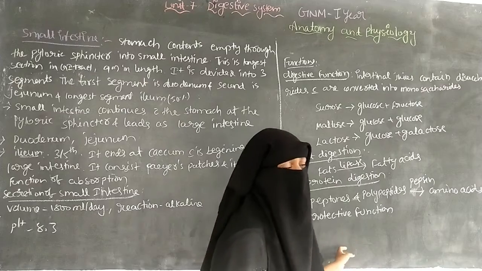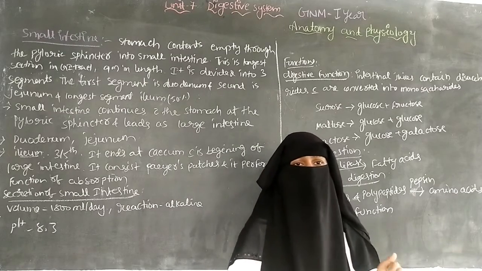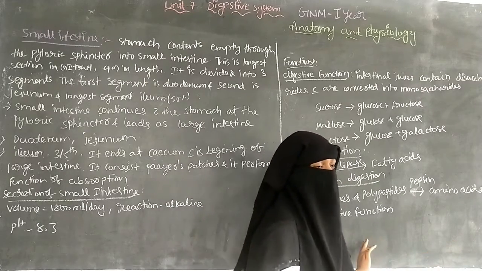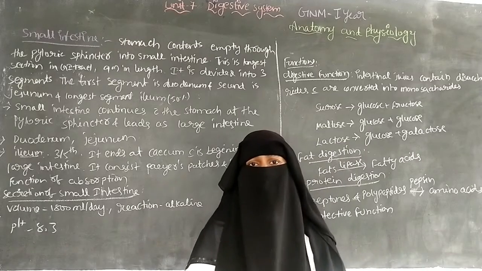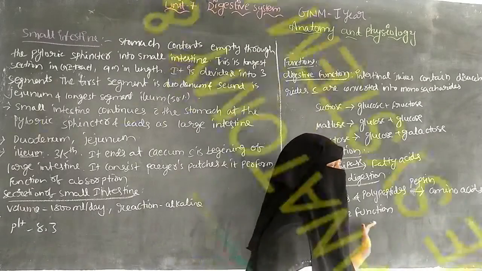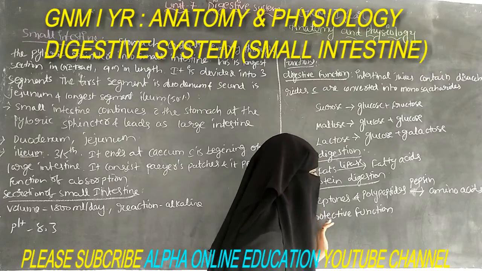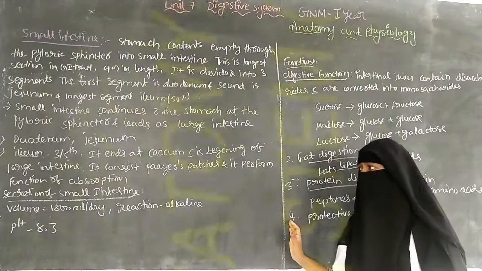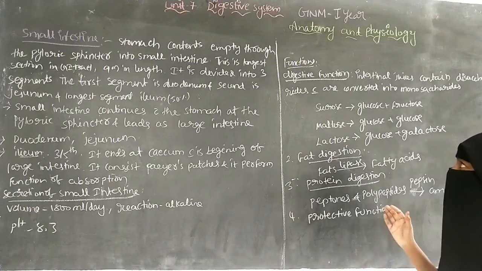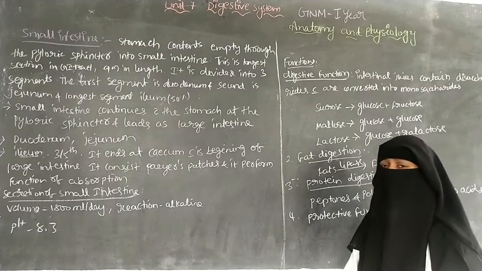Because of the acidity, damage can be caused to the inner layer of the small intestine, so it is protected by the secretions released by the small intestine. So that is about the functions of the small intestine.